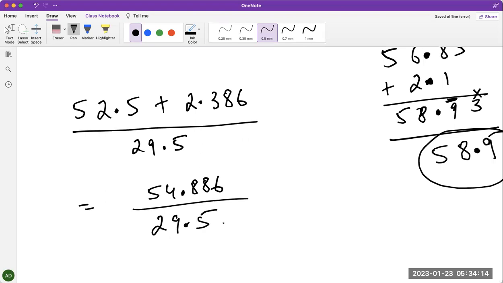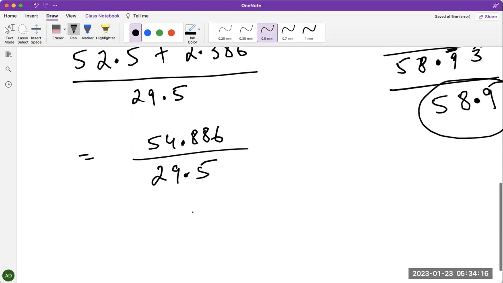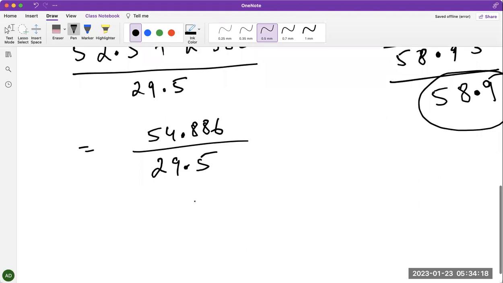And keep in mind, in this step, I could have just put 54.886 into the calculator and divided by 29.5, but we don't want to do that. We don't want to lose any step. We want to keep track of each step. So then I would divide these two numbers, of course, in the next step. So when you do the simplification, do it one step at a time and do not round off.